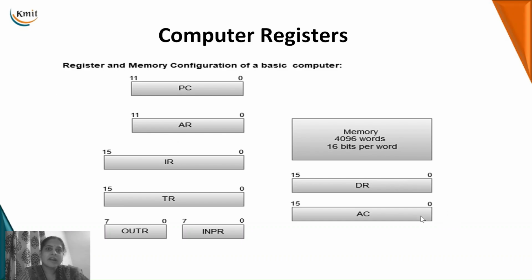So let us look at the register and memory configuration of a basic computer. This basic computer contains a list of registers as well as a memory unit. If you look at this diagram, there is a memory unit, the memory of the computer, and it is capable of storing 4096 words, where each word is capable of storing 16 bits of information.